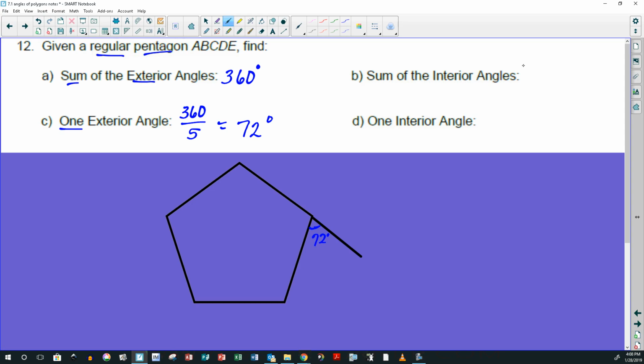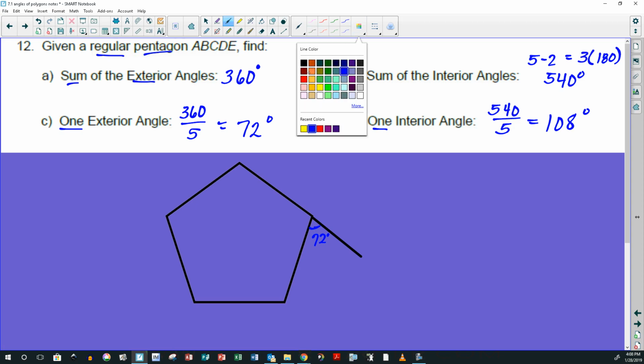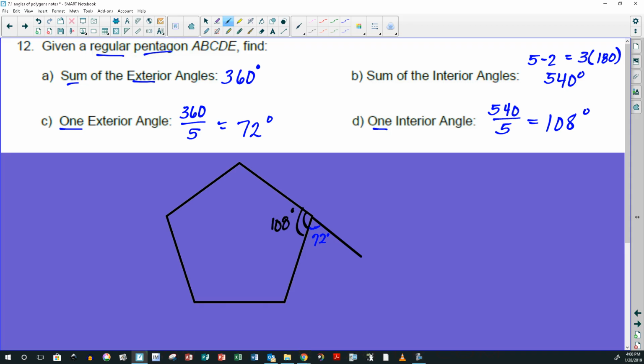The sum of interior, so 5 minus 2 is 3. 3 times 180 is 540 degrees. And now one interior is your total divided by the number of sides, so 108. So now this angle here is 108 degrees.